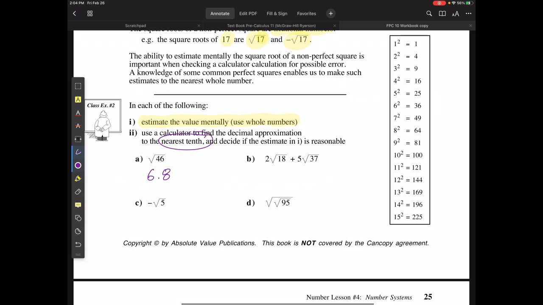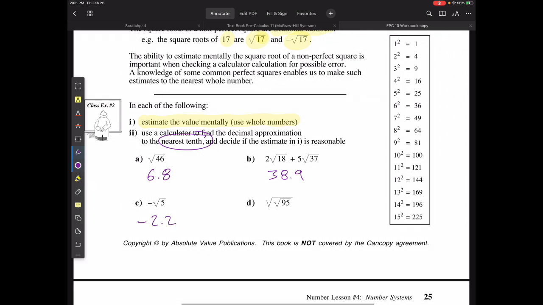If I take 2 times the square root of 18 plus 5 times the square root of 37, then that's going to give me approximately 38.9. The negative square root of 5, noticing that the negative is outside of the square root, so this is possible, is going to be negative 2.2.